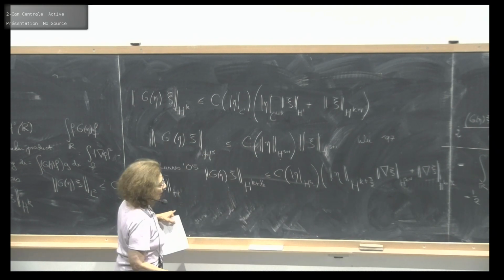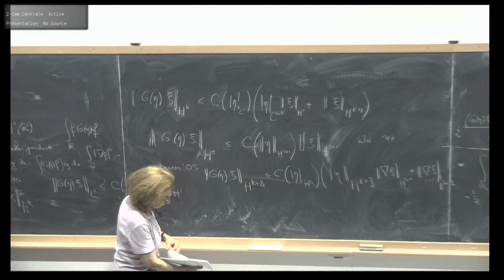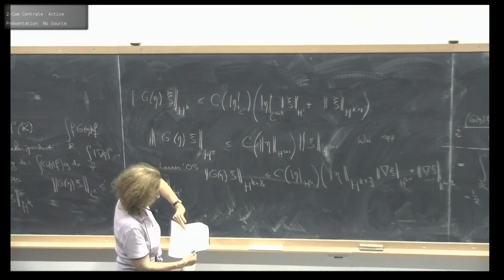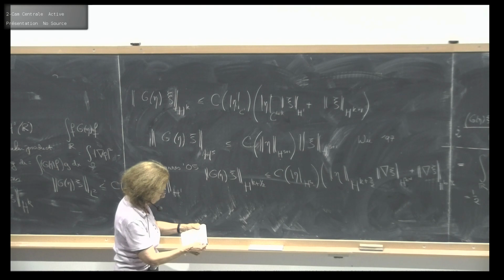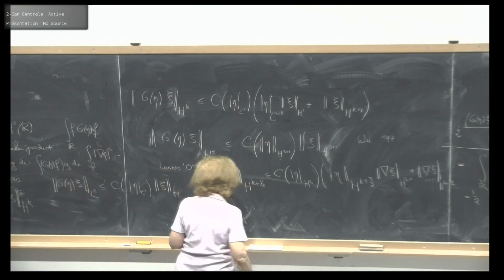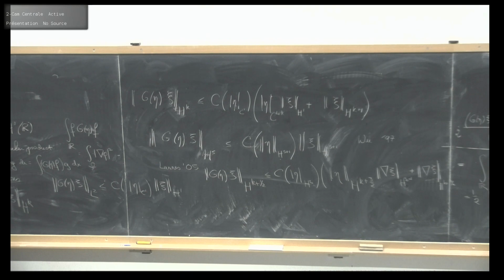Okay, and maybe I should say one word about this. One more thing is that instead of working from H1 to L2 and the scalar product in L2, you can replace that by the duality between H^{1/2} and H^{-1/2}.